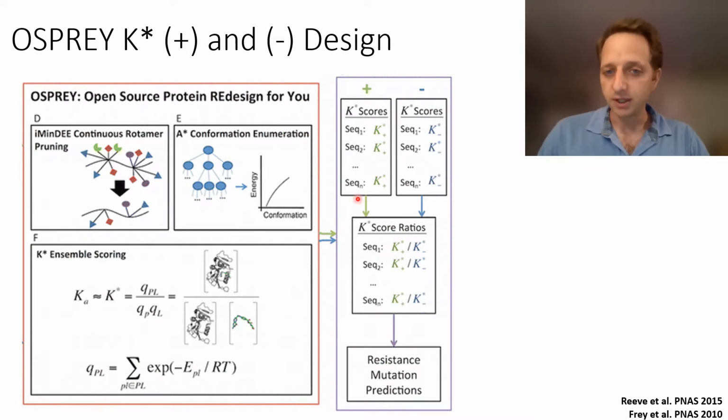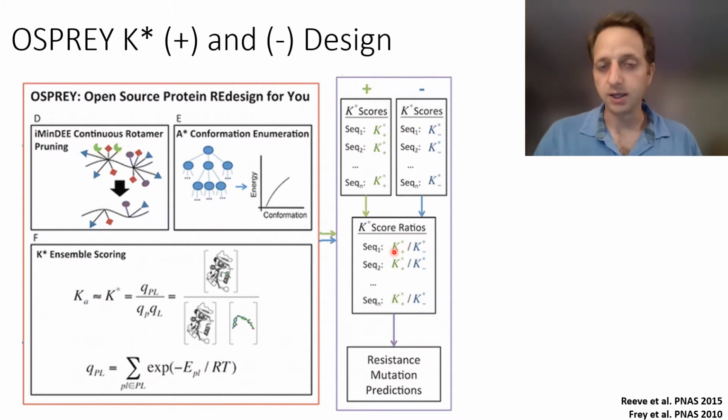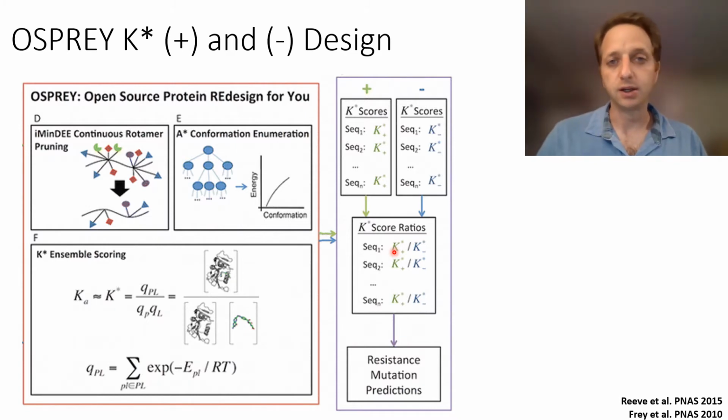To get at both of these factors, because both are really important to resistance, we look at the ratio of the positive to negative design score. Whenever we see a ratio of a sequence increase compared to the wild type sequence, this is Resistor telling us that we're predicting this sequence to be a resistance mutation in vitro.